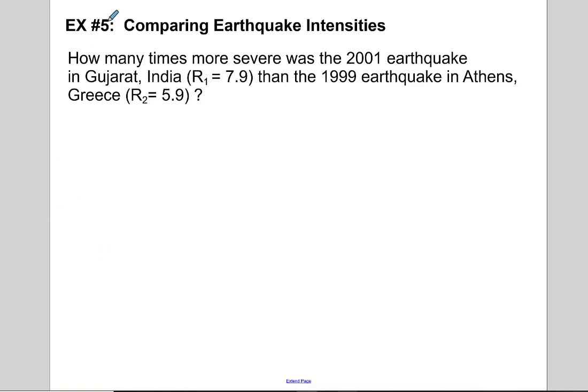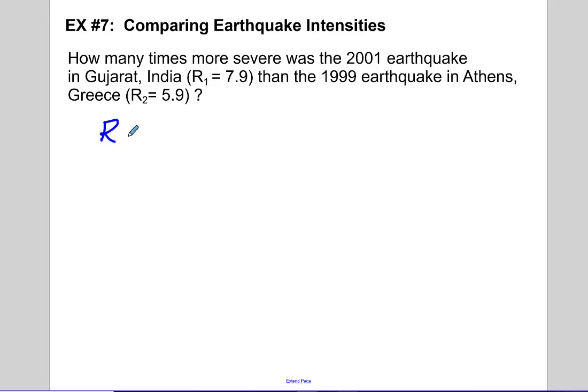So this is supposed to be example 7, isn't it? Let's change our notes here. So in example 7, we want to know how many times more severe was the 2001 earthquake in India, I'm not even going to try to pronounce that, than the 99 earthquake in Athens, Greece. So the formula says we could compare the two.